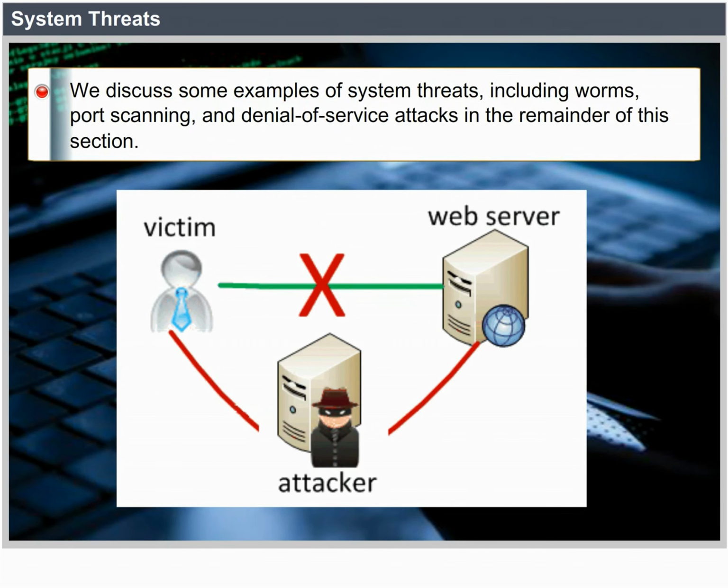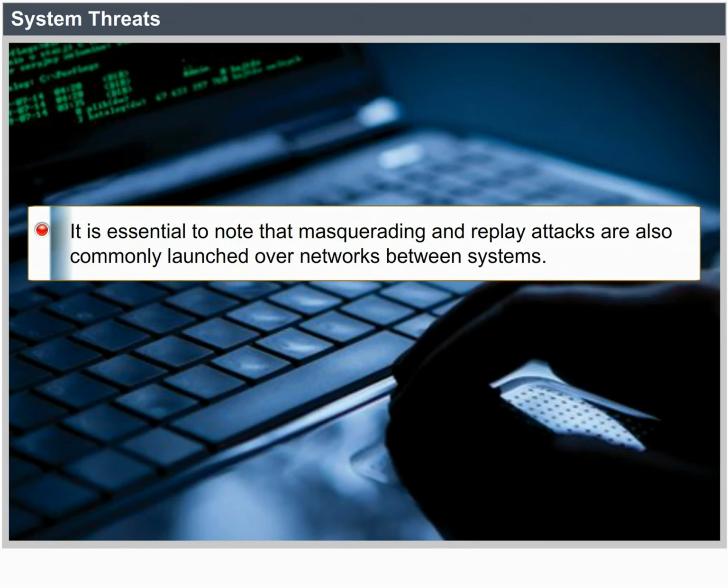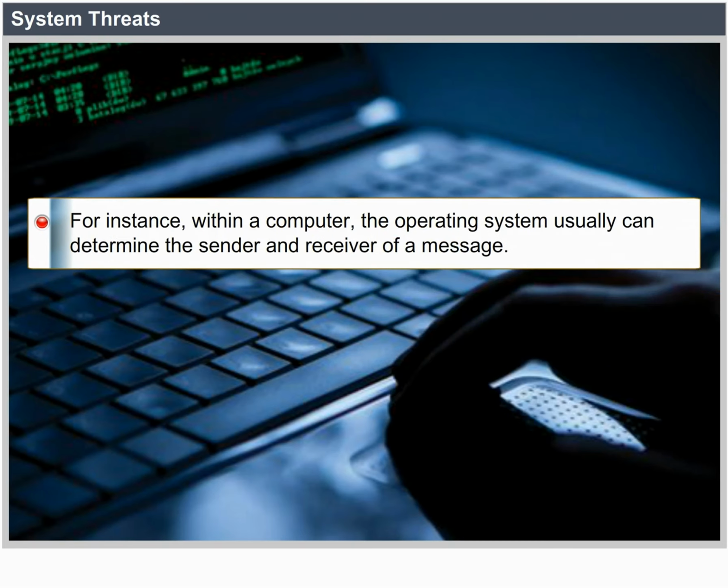denial of service attacks. It is important to note that masquerading and replay attacks are also commonly launched over networks between systems. In fact, these attacks are more effective and harder to counter when multiple systems are involved. For example, within a computer, the operating system usually can determine the sender and receiver of a message. Even if the sender changes to the ID of someone else, there may be a record of that ID change.